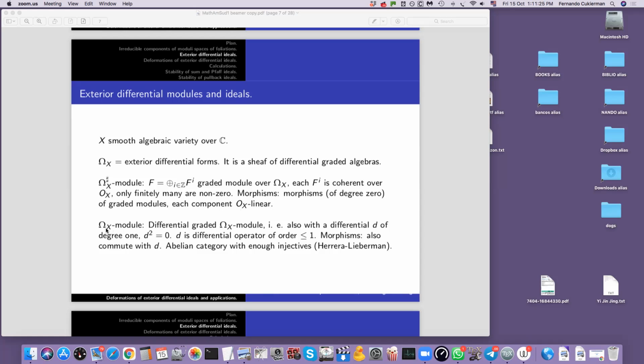By an omega module, I will mean a differential graded module that is as before, but we have a differential d of degree 1. So d squared is equal to 0.